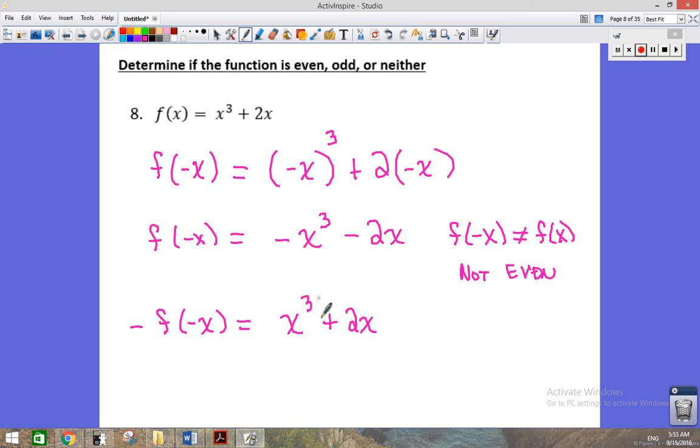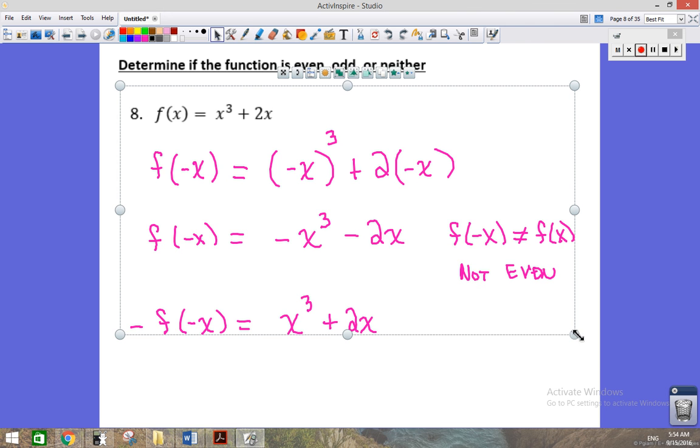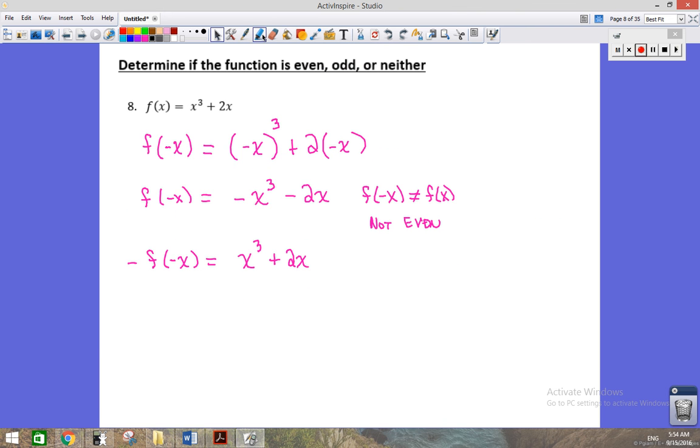And I can see, hey, those are the same expression. Okay, so I can say this is an odd function. When you take f evaluated at negative x and you take its opposite, you'll get back the original function. So that's an odd function.